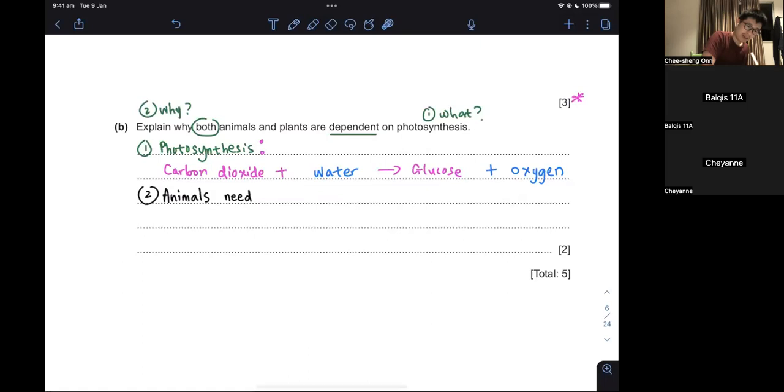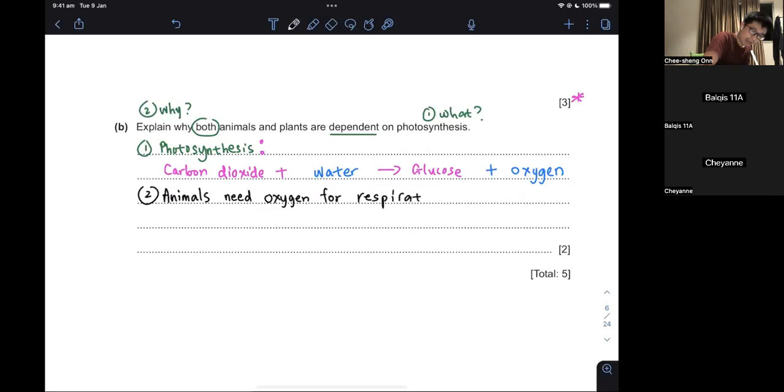Okay, which one from there do we actually need by animals? Oxygen. Okay, animals need oxygen for what process? What is the name of the process? What do we need oxygen for? Like you are currently breathing in oxygen. Respiration. Yep, respiration.